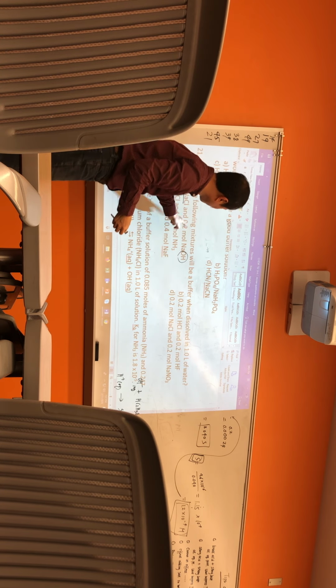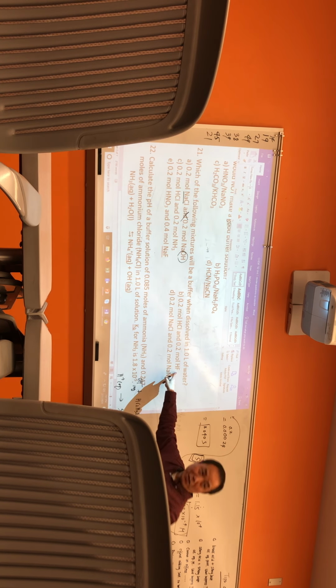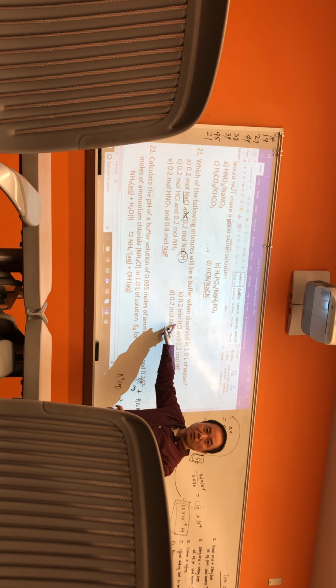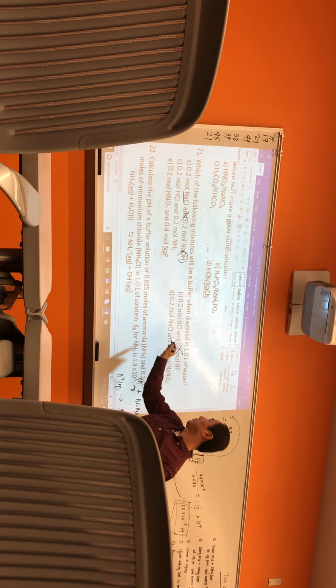There's no weak one at all, so no buffer. We have a weak acid here. Now, that's another strong acid. So if you have both acid, you don't make a buffer. It doesn't matter weak or strong. If you have both acid or both base, that doesn't make a buffer.